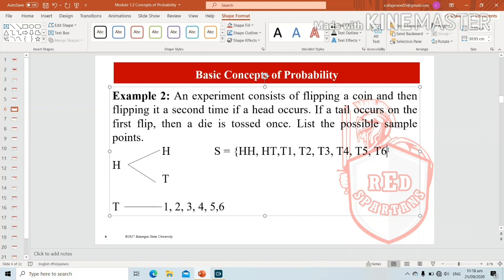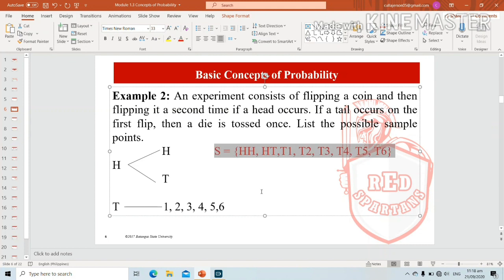Then close brace. So yan, ito yung ating answer dito sa ating example. Meron tayong 1, 2, 3, 4, 5, 6, 7, 8 sample point or 8 possible member or outcomes.